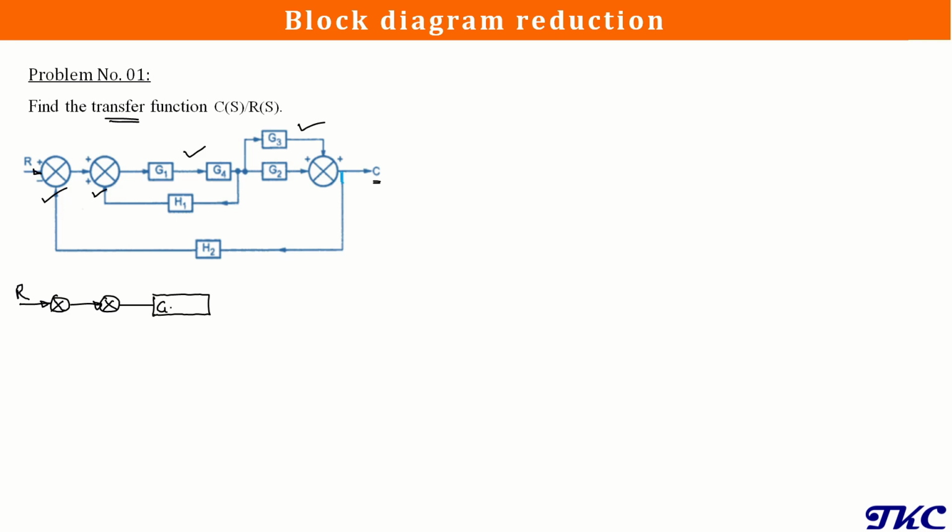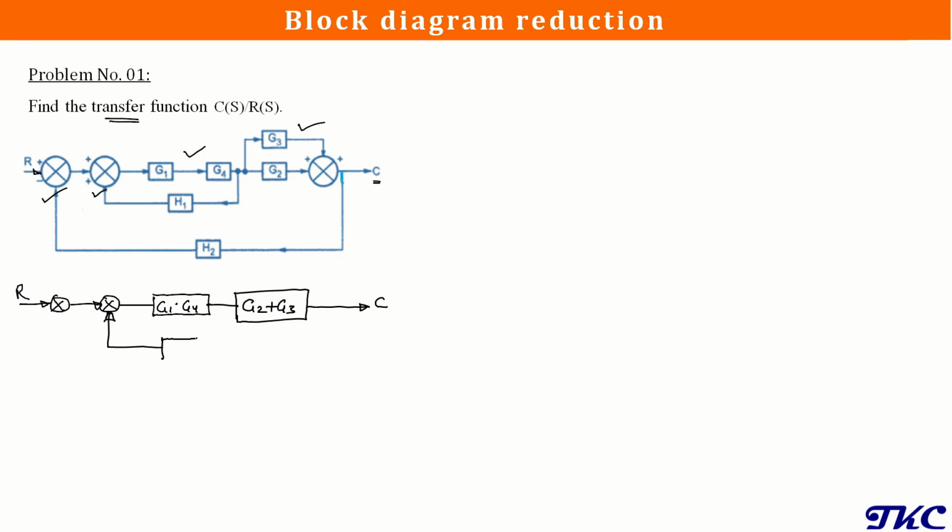So it will be G1 into G4. Next we have the blocks G2 and G3 in parallel. We can replace them by a single block, which will have the algebraic addition of the transfer functions. So it will be G2 plus G3, and then we will have the output in the form of C.